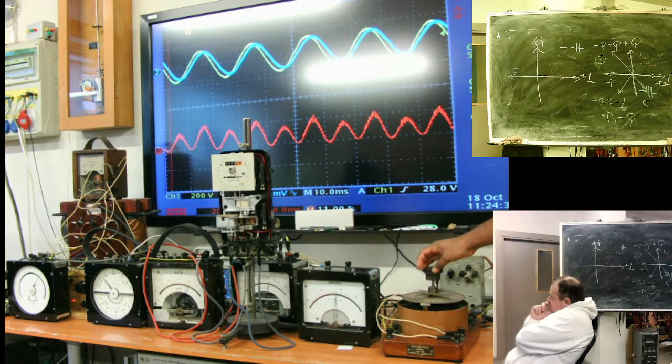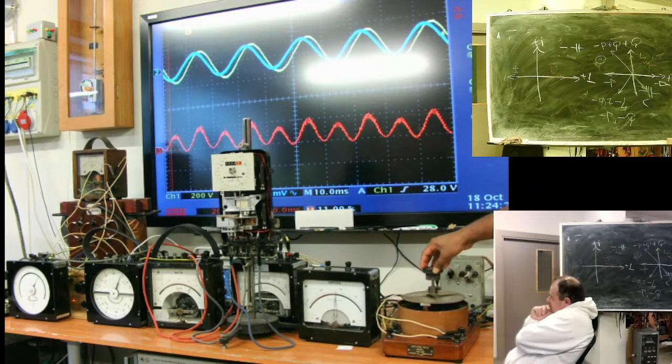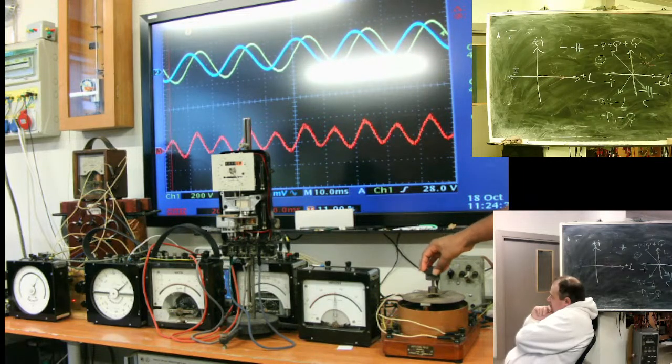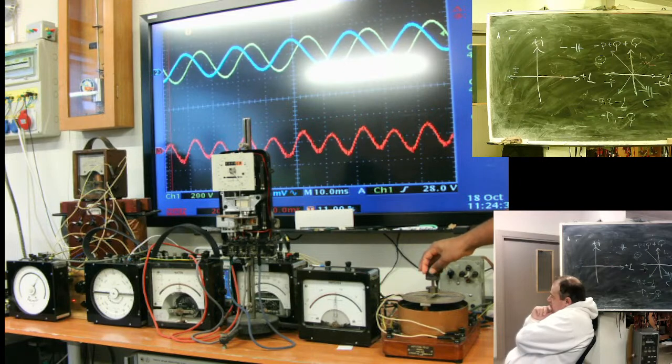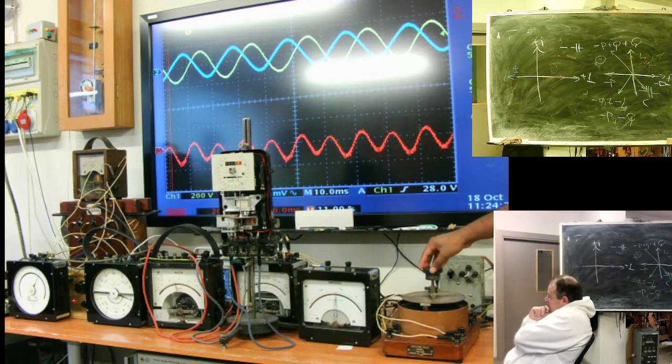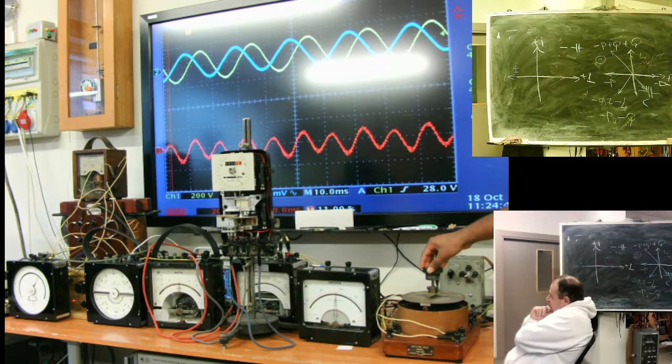Why is the voltage low? Because it's made so. Okay. You're only changing the angle. It's 90 degrees, but now also the current is leading.